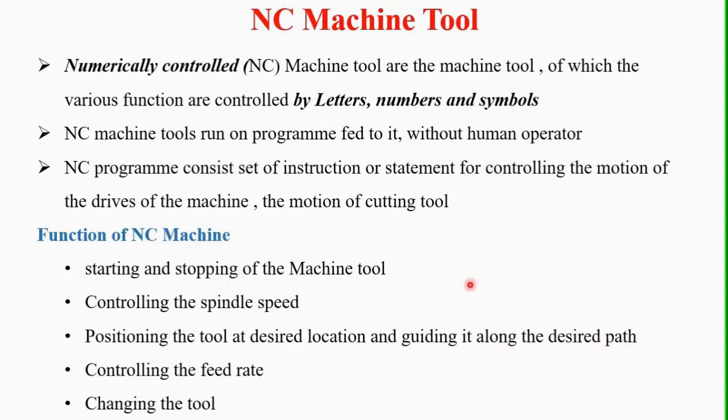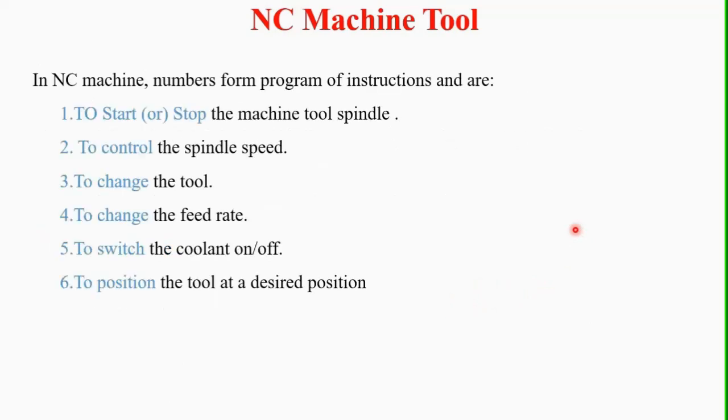That means it gives the position of the tool for a particular location and the direction in which the tool should move. This is given through the numerical controls. Changing the tools is also one of the functions of the NC machine.